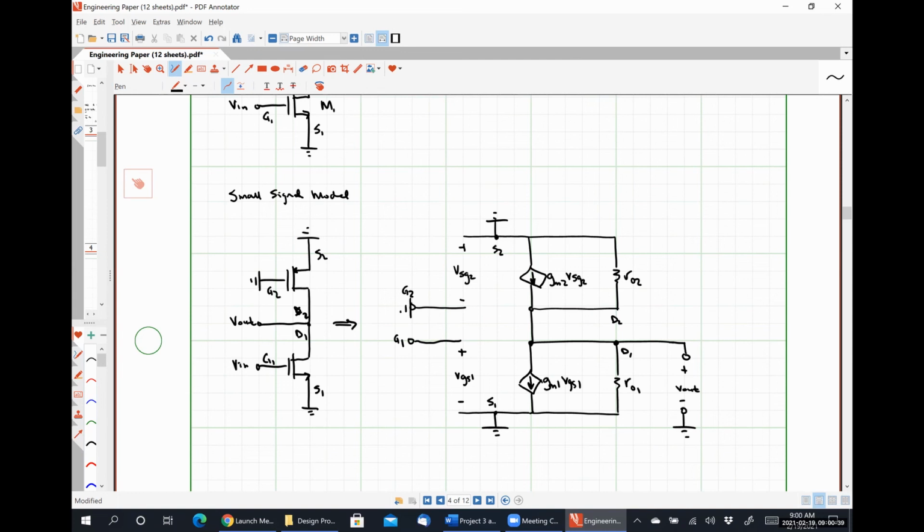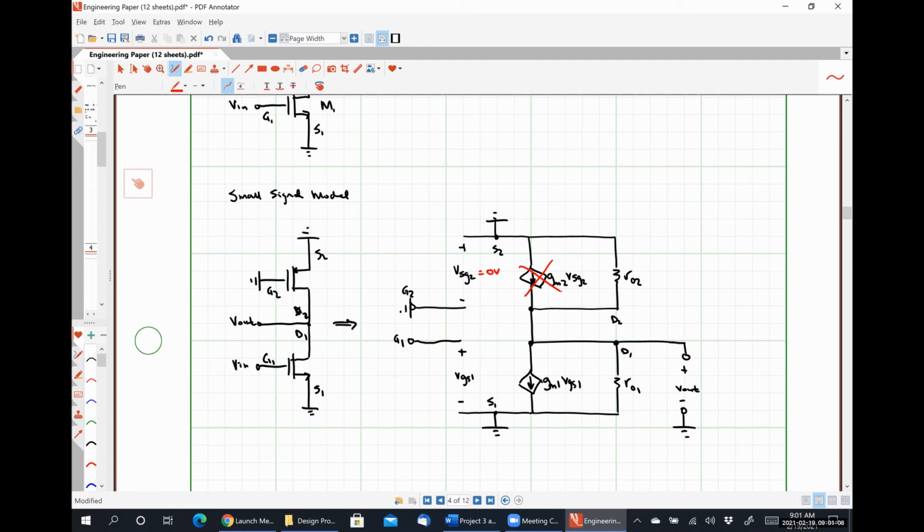Because on the positive polarity terminal of VSG2, we have ground. And on the negative polarity terminal of VSG2, we also have ground, which means VSG2 is simply 0 volts, which means this current source does nothing. It's an open circuit. And that vastly simplifies what's going on.